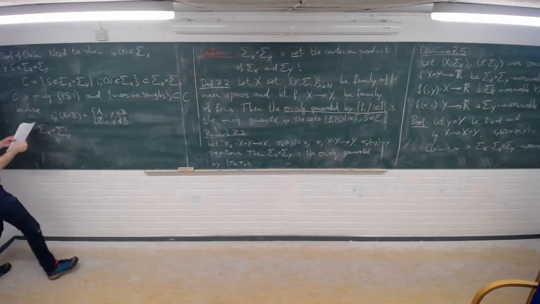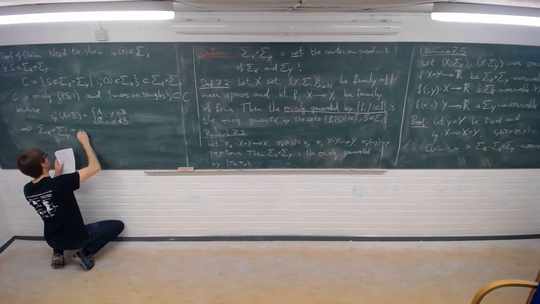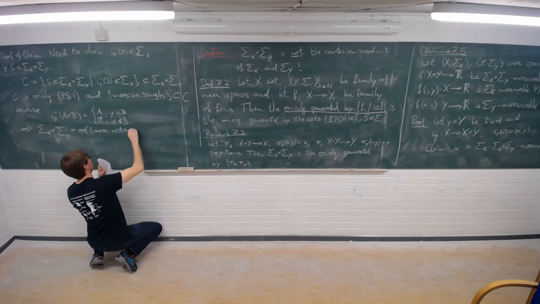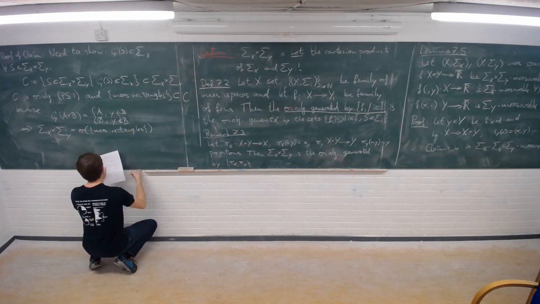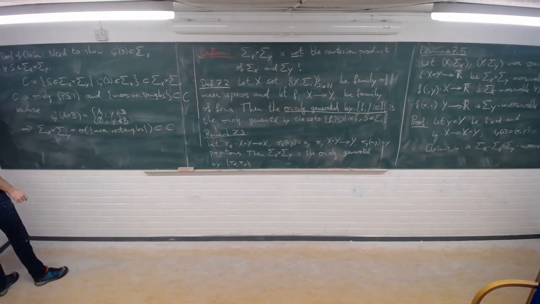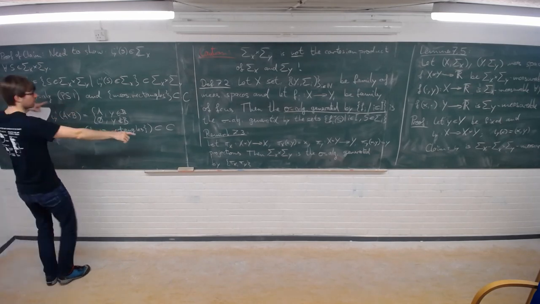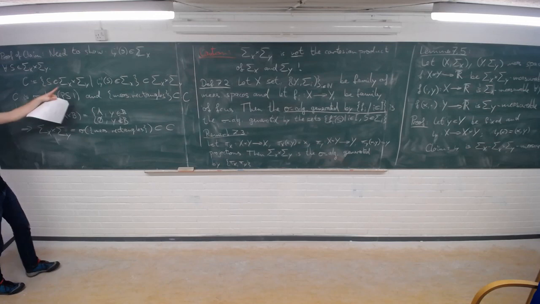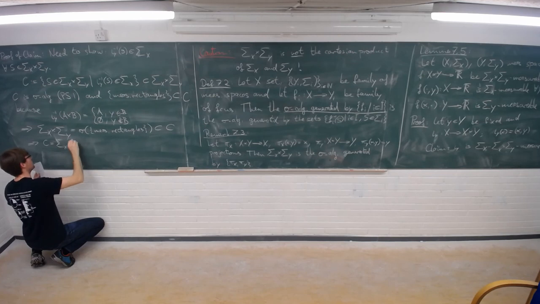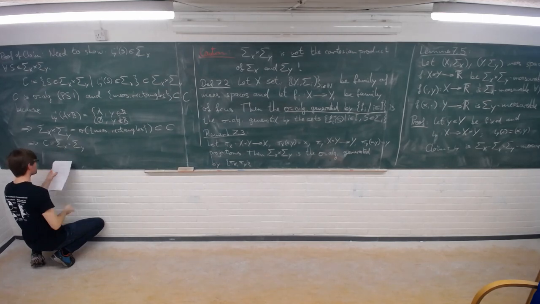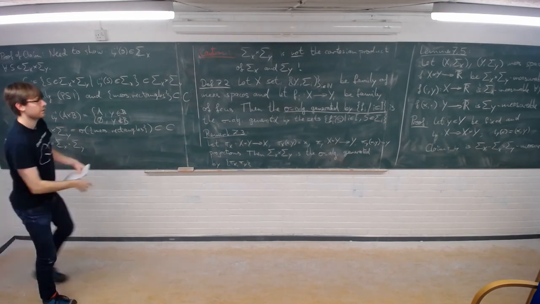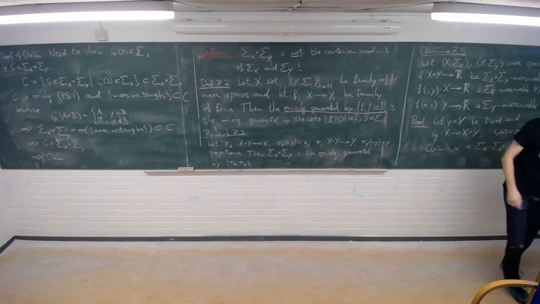So just from these two facts, we know that sigma X times sigma Y must be a subset of C. And this, together with the definition of C, implies that C is in fact equal to sigma X times sigma Y. So this proves the claim. Right, the claim was this inclusion map is measurable.